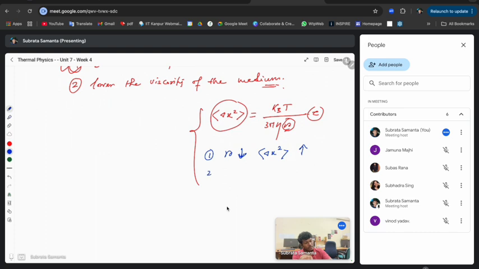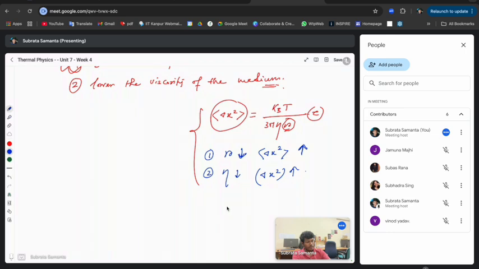Second one, lower the viscosity. If eta is reduced, since it is in the denominator, delta x squared also increases. The arrow upwards basically means increases, and the arrow downwards means decreases. If we decrease the radius, the mean square displacement increases, which means the velocity increases.